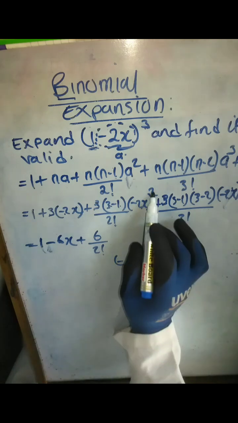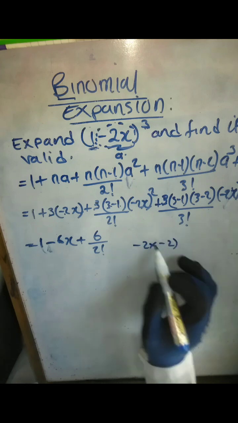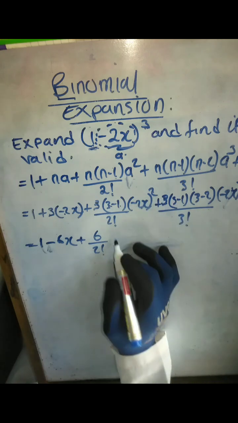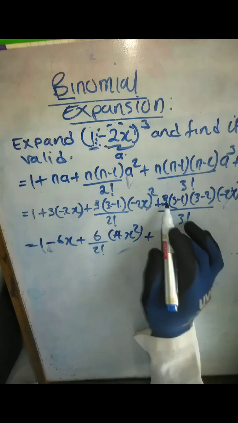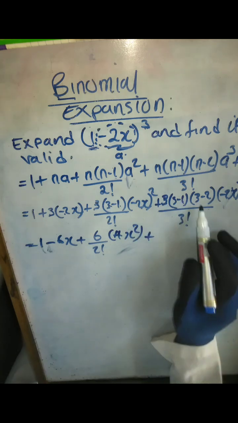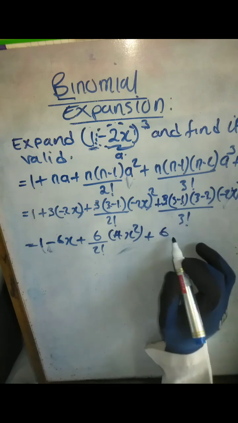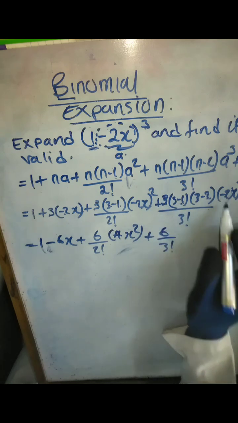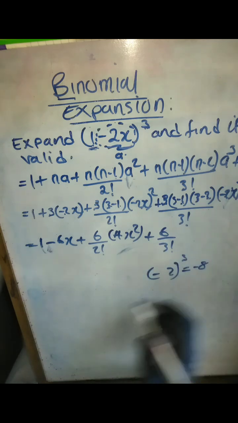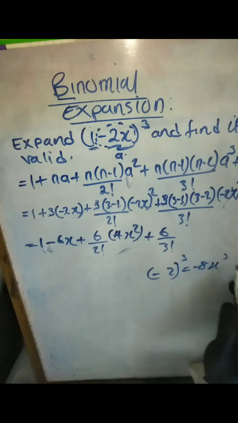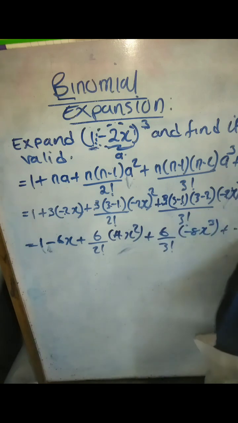Negative 2 times negative 2, negative 2 squared is positive 4, so we have 4x squared. Then plus, 3 times 2 times 1 it's 6, over 3 factorial, then negative 2 to the power 3, which is negative 8, then x to the power 3. So we have negative 8x to the power 3, plus and so on.